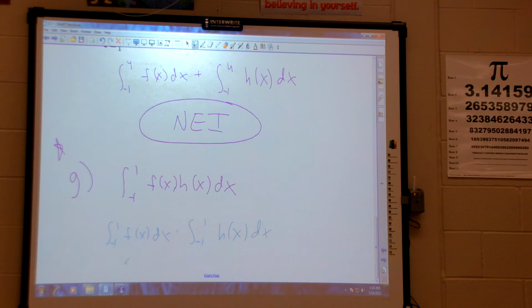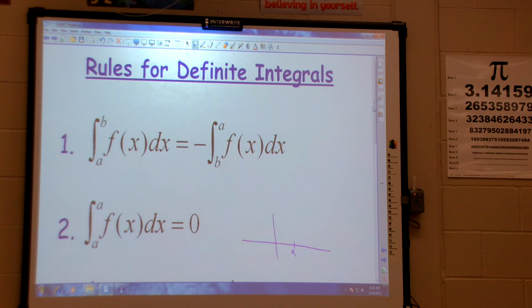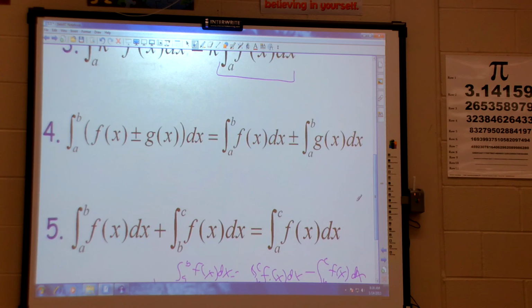And this was what, 5 times 7? 35. True. Can't do that. I have the information from negative 1 to 1 for f of x and h of x, correct? But if I go back here, I have absolutely no property that says I can split up multiplication. Which in fact, we know we can't.